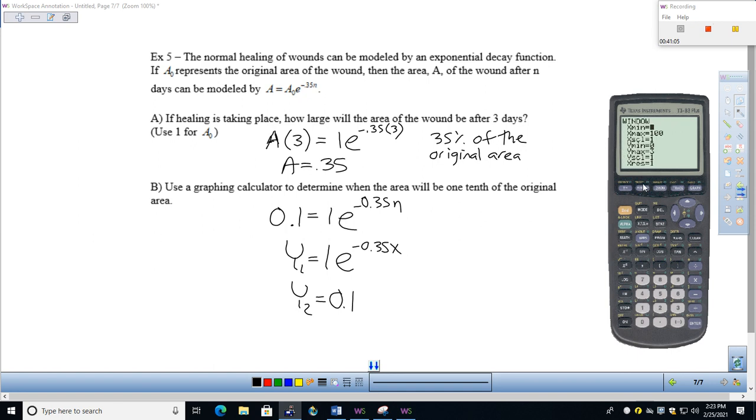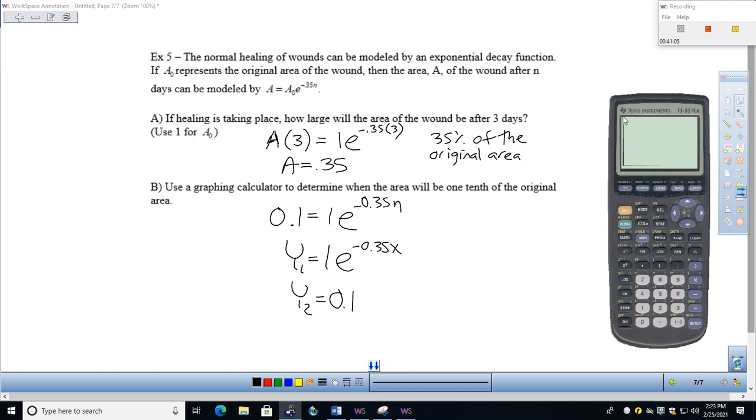And guys, hit window. I'm going to go 0 to 10 and 0 to 1 on the y, because think of that as 100% of the wound, and it's going down and down and down, never going to get below 0. And you can see that right there. Awesome.